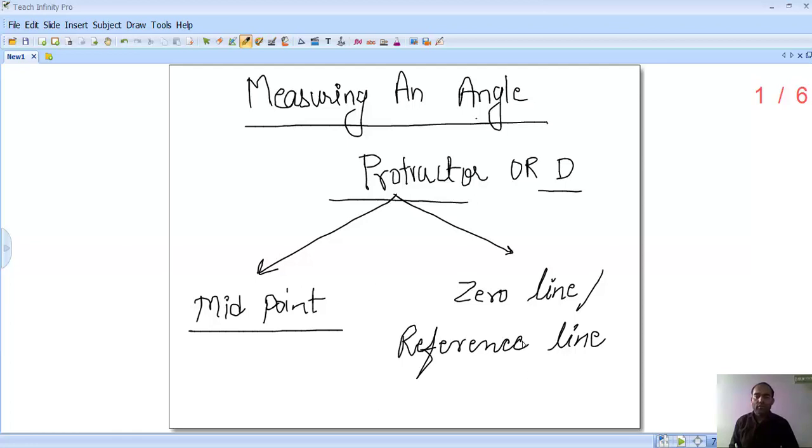Now I am going to show you some protractors, and I will teach you how to use them to measure an angle. Let me go to the next slide.